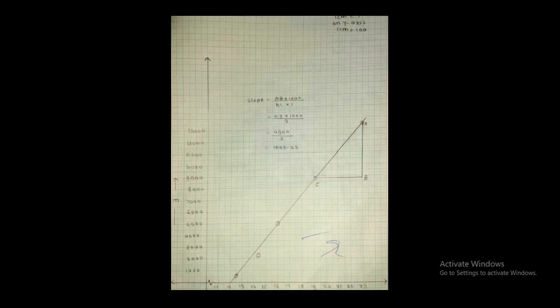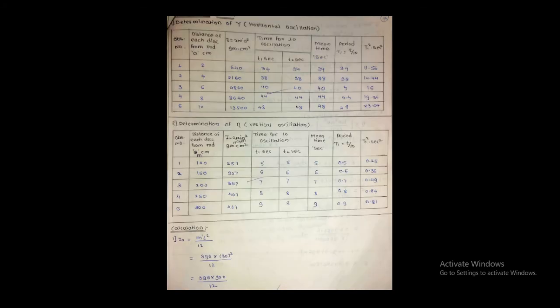Now this column is I, this column is T1 square, and with these observations we have to plot the graph of I against T1 square for the calculation of Y. By taking its slope, we calculate using the first formula the first elastic constant, Young's modulus of the material of the spring.